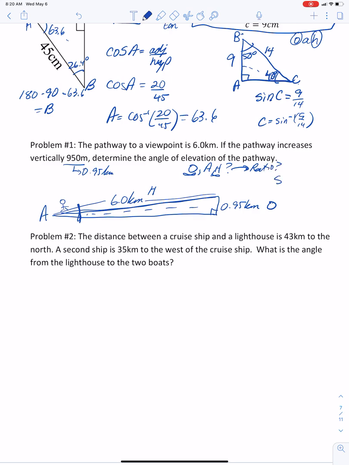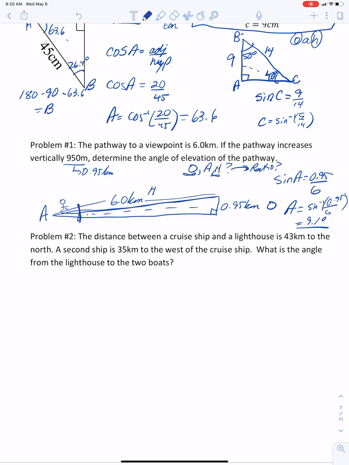I hope you said sine. And now I'm going to do the calculation here to find out what A is, the inverse sine of 0.95 over 6, and that gives me 9.1 degrees. So I hope you found that 9.1 degrees there.